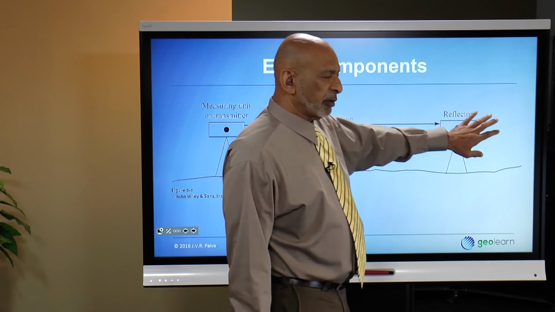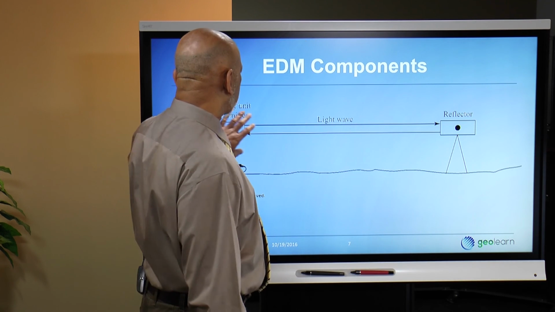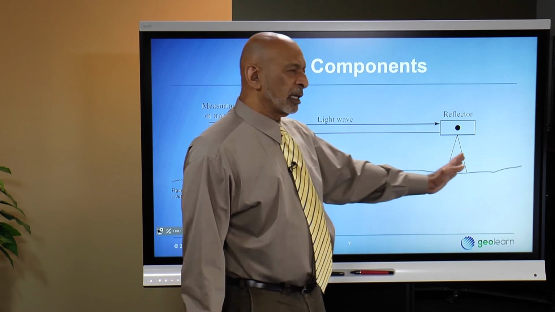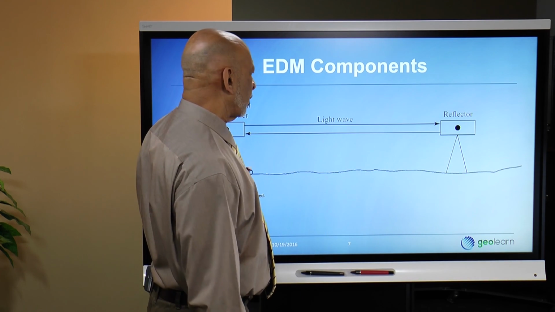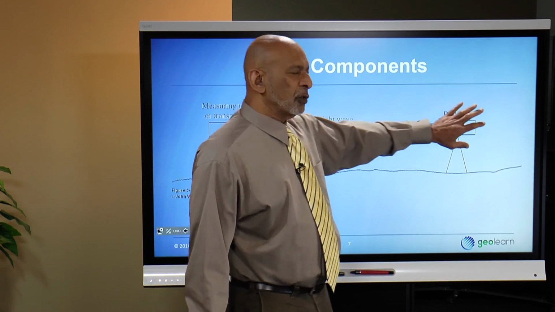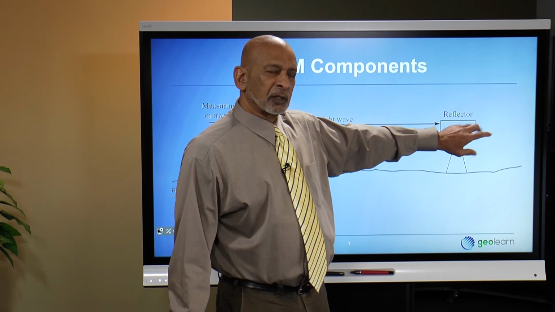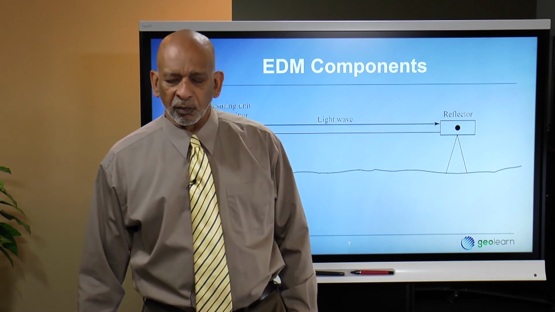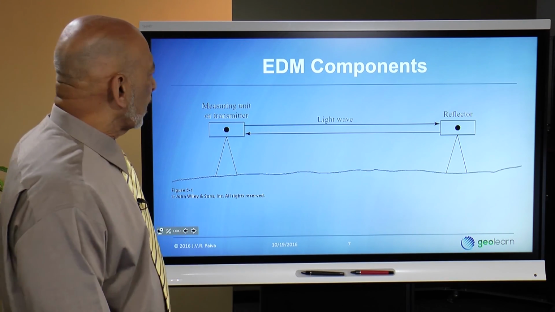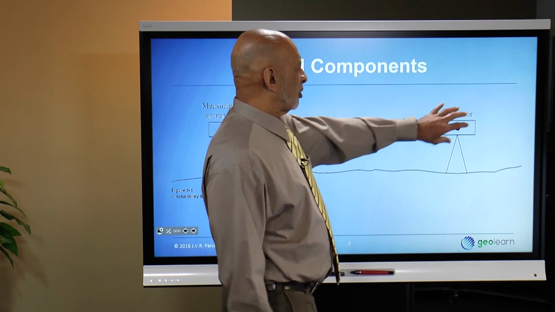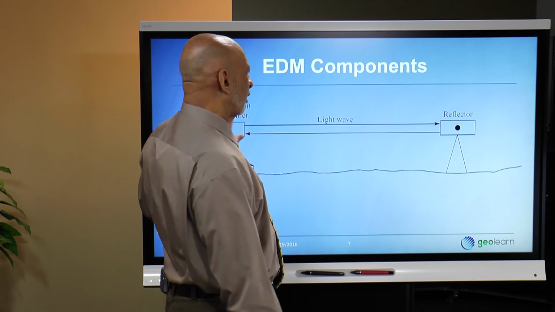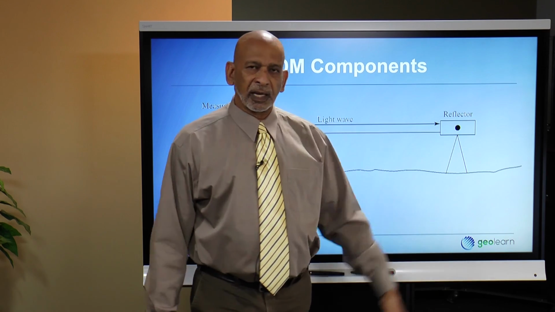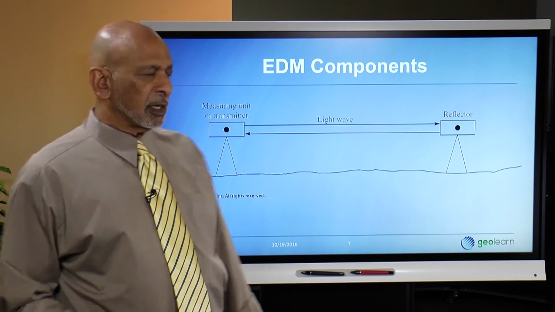And generally there's a reflector, something that reflects the light and sends it back to the EDM so that it can then make a calculation as to what that distance is. When we use something called microwaves, which are in the radio spectrum of the electromagnetic spectrum, then you essentially have another transceiver just like the one on the left side that actually receives the signal, turns it around, and rebroadcasts it through its antenna.